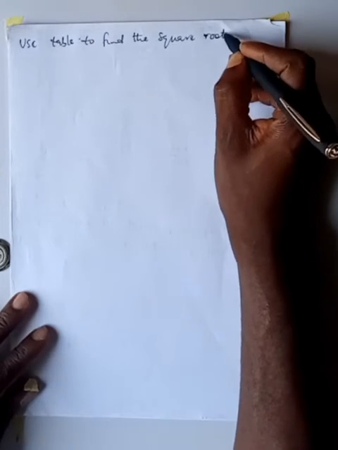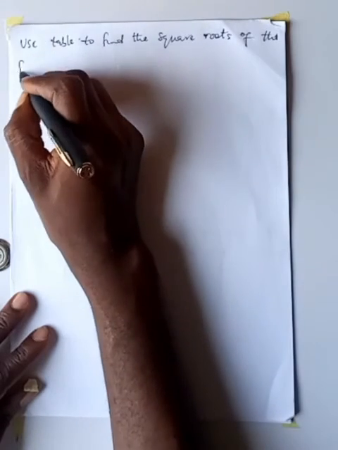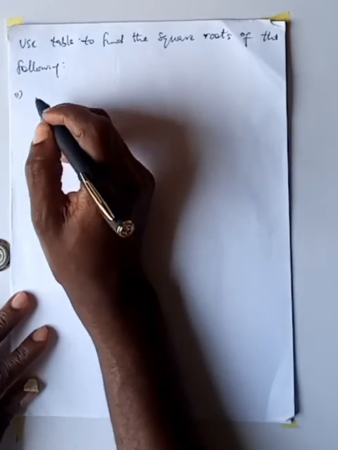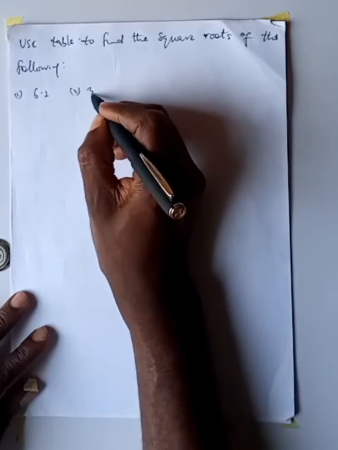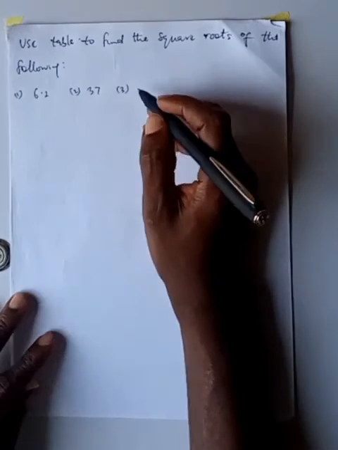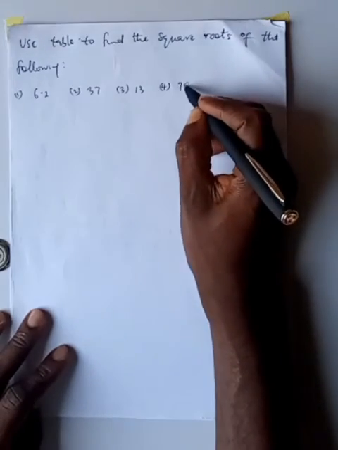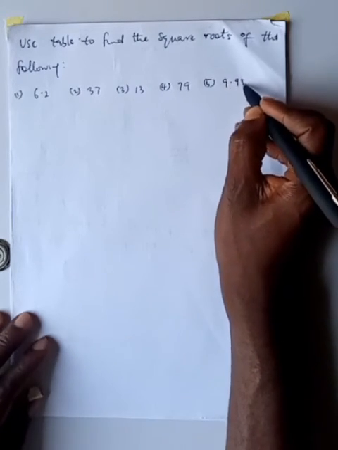The square root of the following. Now number 1, 6.2. Number 2, 37. Number 3, 13. Number 4, 79. And number 5 is 9.93.